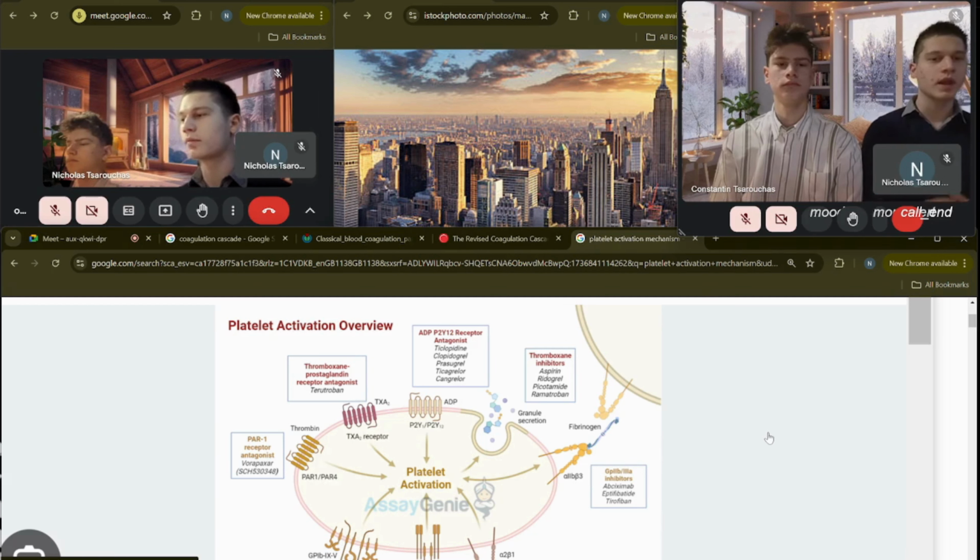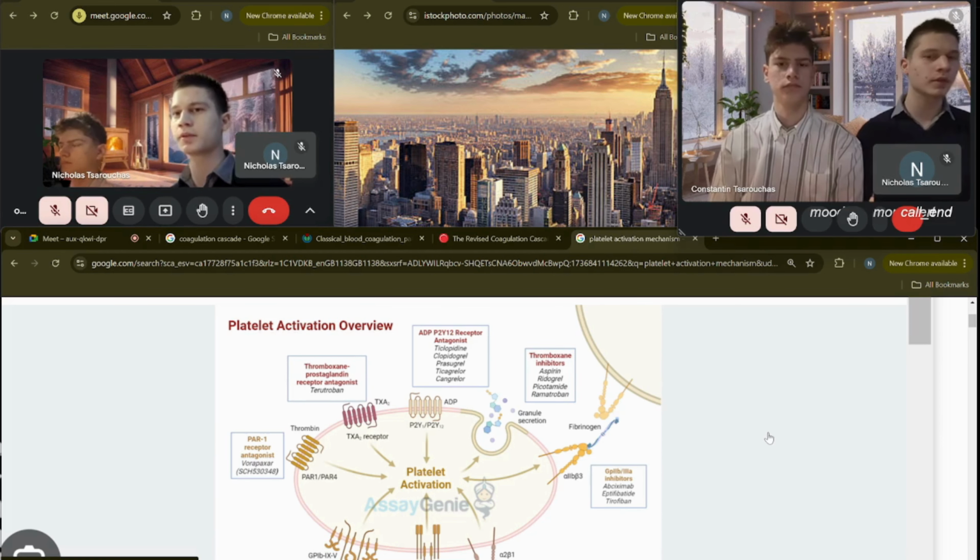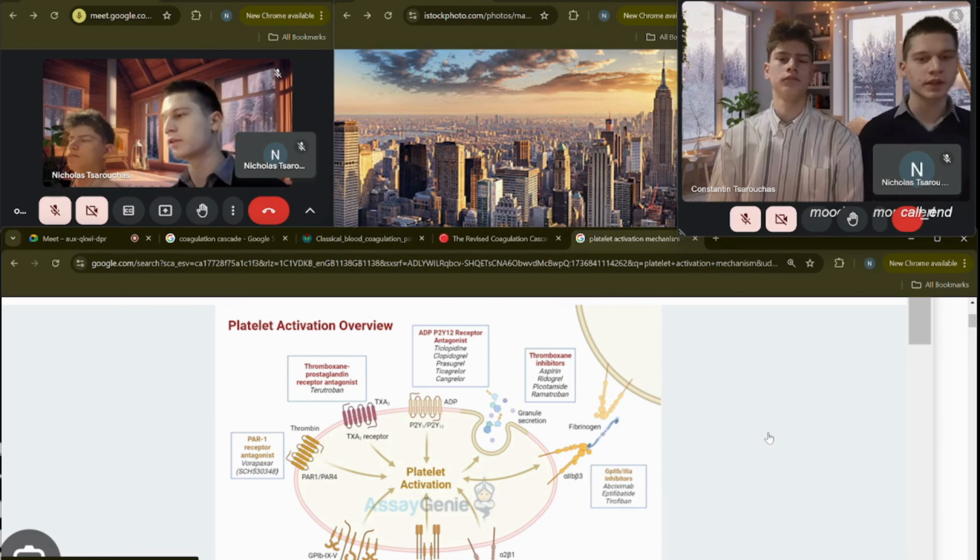So this is a big positive feedback loop where you have your ADP signaling pathways through P2Y12 receptors. You have your serotonin signaling pathways, which really activate the platelets.